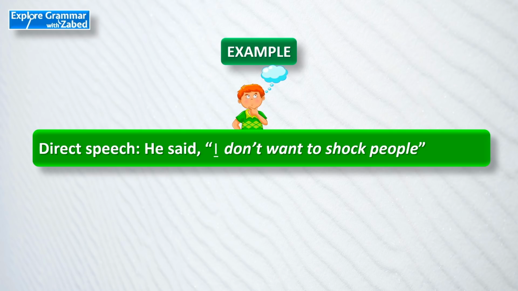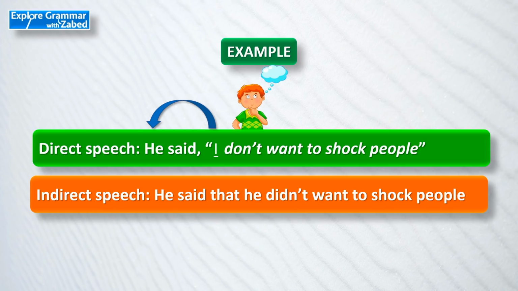Remember, in the SON formula, we have seen that the first person pronoun in the reported speech is changed according to the subject of the reporting speech. Here we can see the subject of the reporting speech is in third person. So, in the indirect speech, the answer will be: He said that he didn't want to shock people.